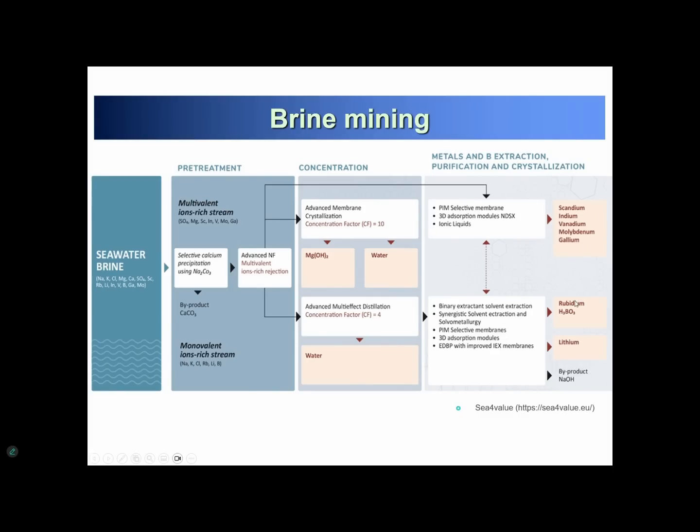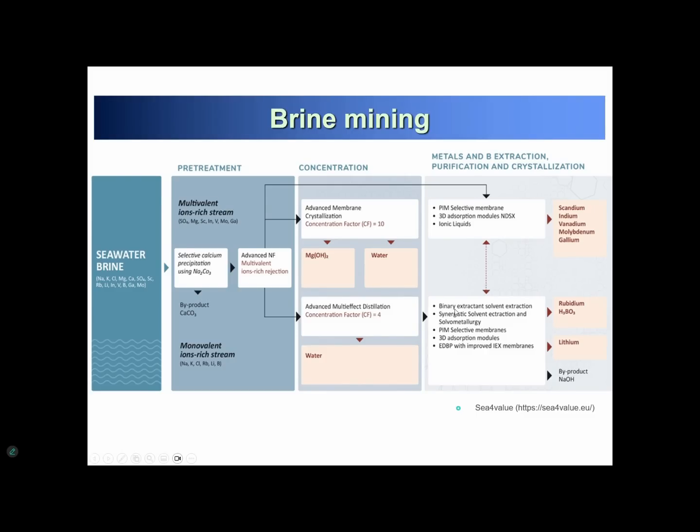Also monovalent ions, lithium, rubidium, and boron, can be extracted. There are many technologies that can be utilized: polymer ion exchange membrane, selective membrane, also 3D absorbent, absorption, ionic liquid or organic solvent can be utilized to extract these multivalent ions. And then you have monovalent ions, which are more challenging to recover.